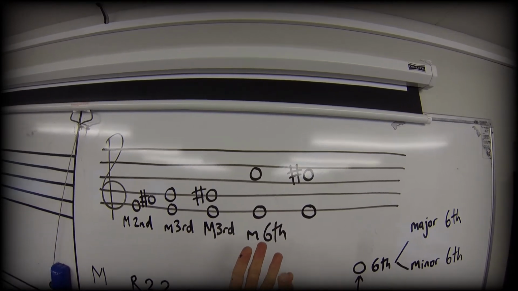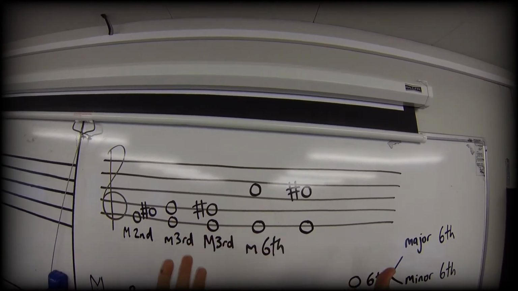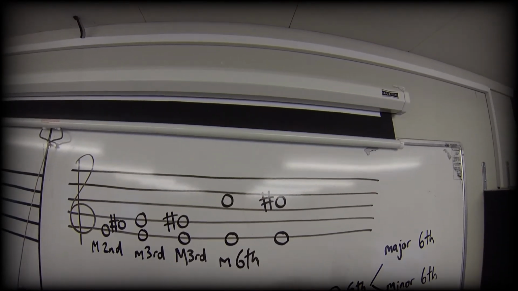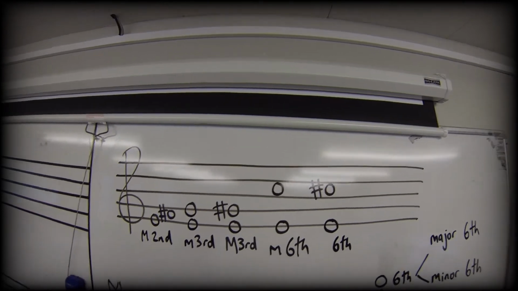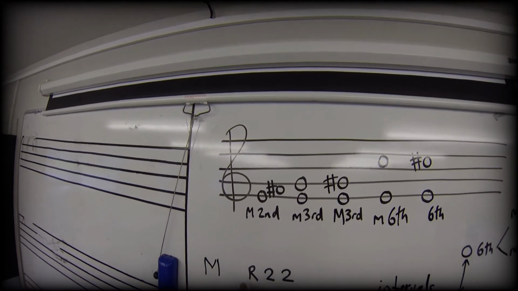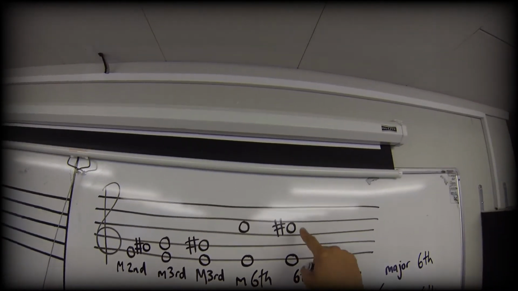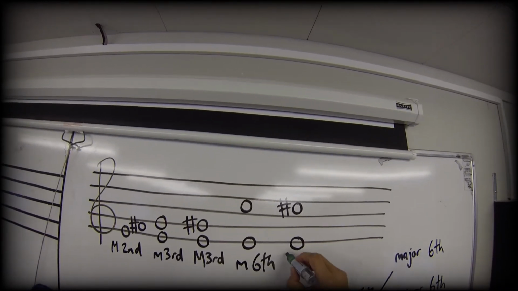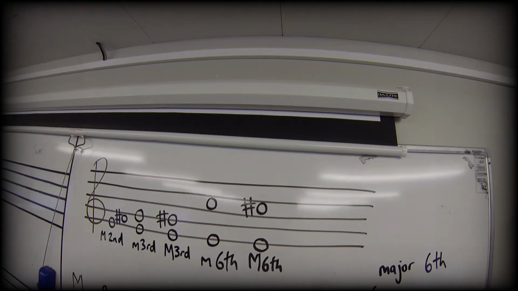Root or 1, 2, 3, 4, 5, 6. So it is a sixth. And I asked myself, did I use the major? Root, 2, 2, 1, 2, 3, 4, 5, 6. Yes, I did. So that's a major sixth. Just two more intervals.